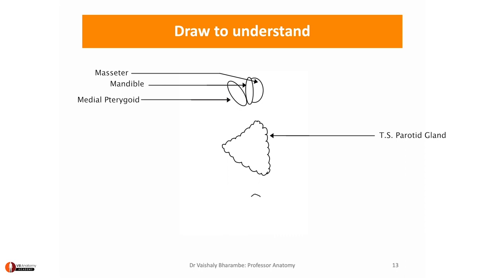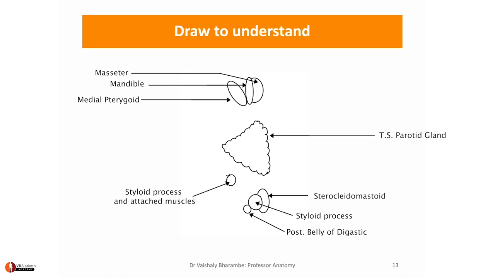Posteriorly, it's related to the mastoid process, which on the outside gives attachment to sternocleidomastoid and on the inside to the posterior belly of digastric. Here it's related to the styloid process, giving attachment to styloglossus, stylohyoid and stylopharyngeus.